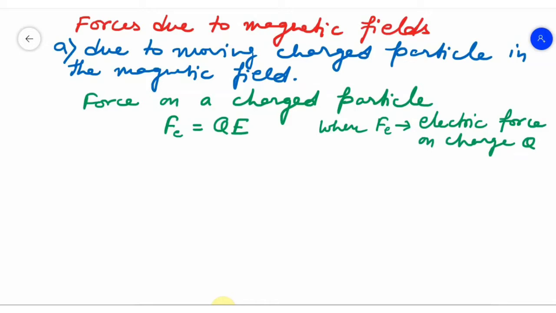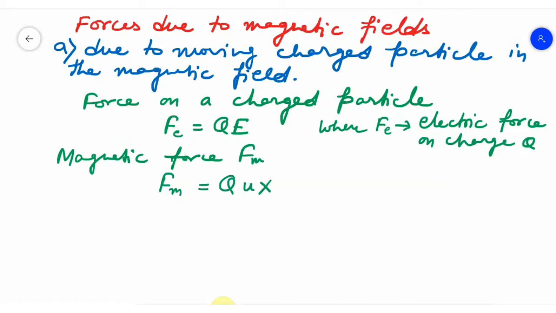Now what is the magnetic force Fm experienced by the charge moving with a velocity u in a magnetic field? That is given by Fm equals q u cross B.